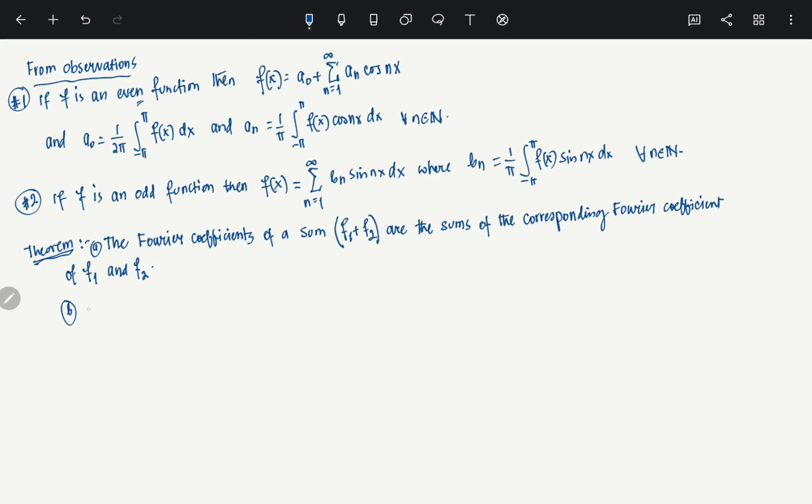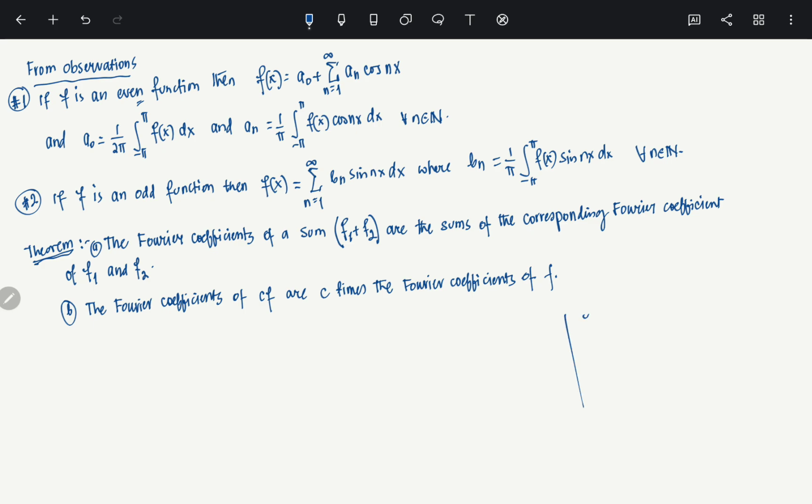So here the Fourier coefficients of c times f, I hope you know how to define this, we'll do it later, are c times the Fourier coefficients of f. So you do realize what's happening here.